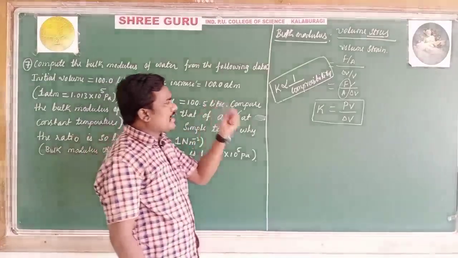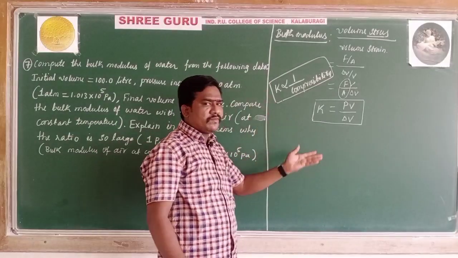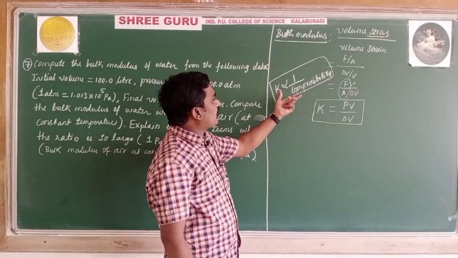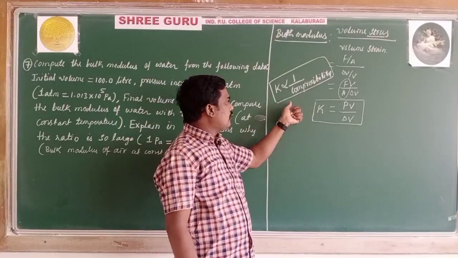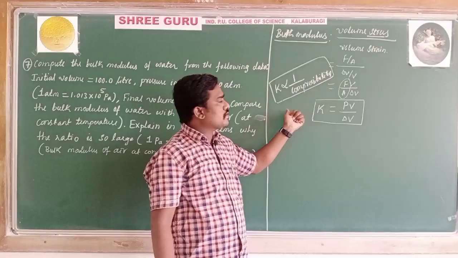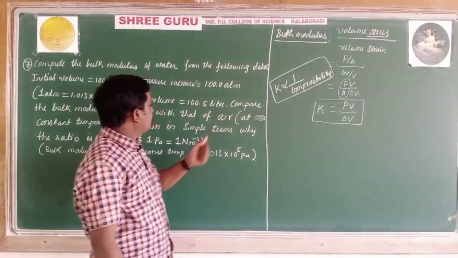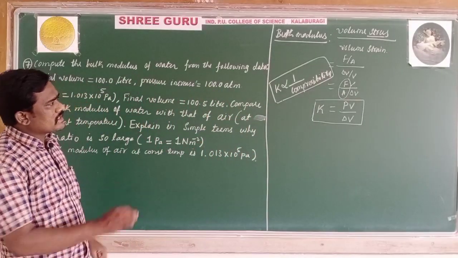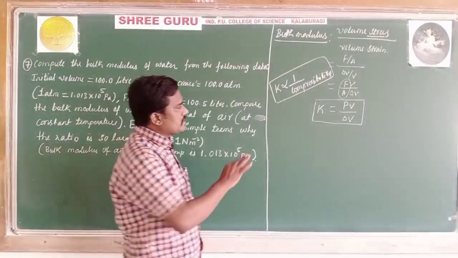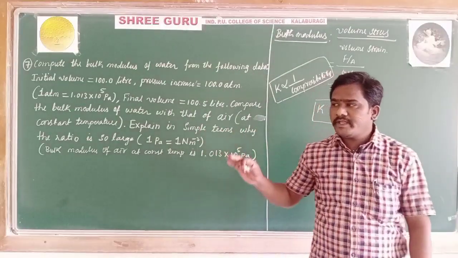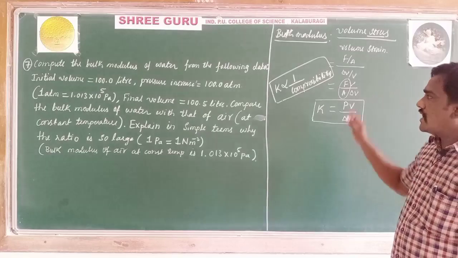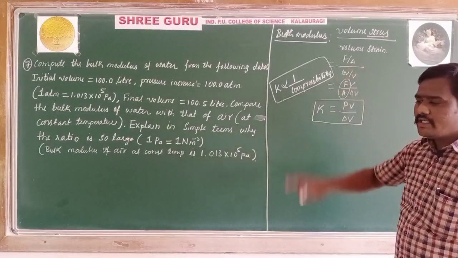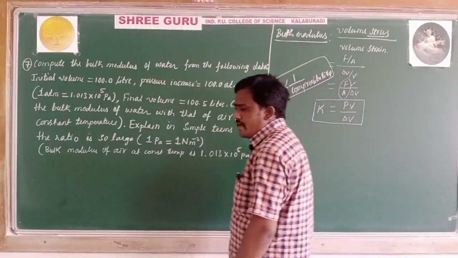We can convert liters into volumes and compressibility, and this formula helps us to solve the numericals. This is the basic part of bulk modulus. Already we discussed these things in the last lectures.